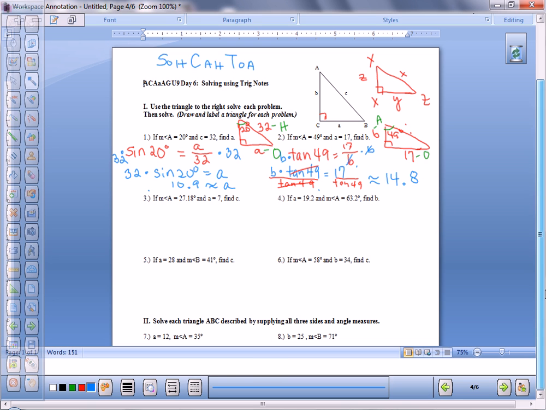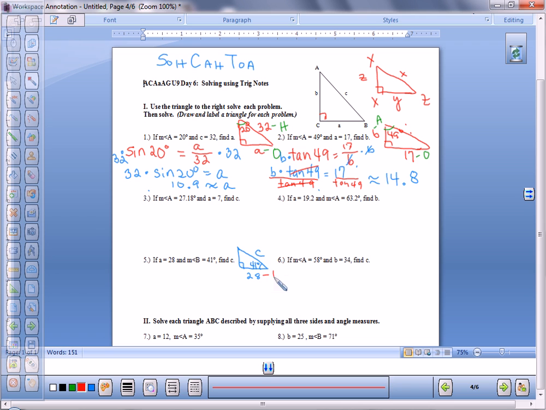Okay. The last one that we're going to do together is number 5. So here we go again. I'm skipping to 5. Yep, there's a reason. Okay, so this time they give me side A is 28, but they give me angle B. So I'm looking from a different angle, and they ask me for side C. So with respect to the angle that was given, 28 is which side?